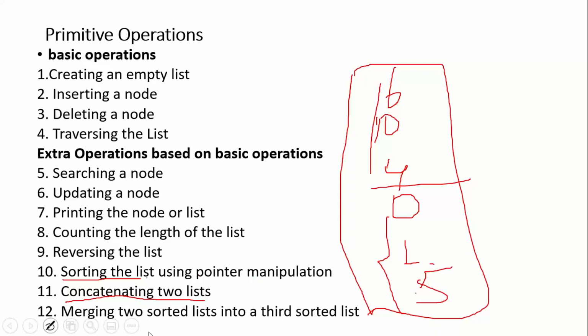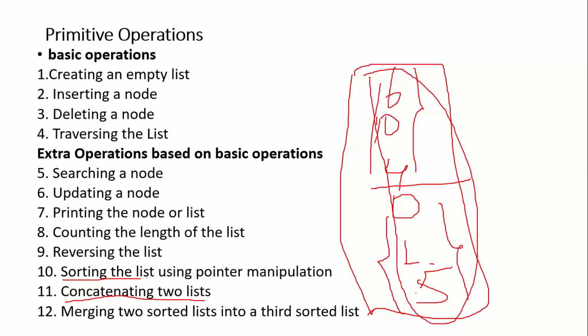Merging two sorted lists into a third sorted list. See, first you have to sort this list, second you have to sort this list, and you have to merge these and combine these together into one list again, which is sorted. Again, that third list should also be sorted. So it is a very big operation.